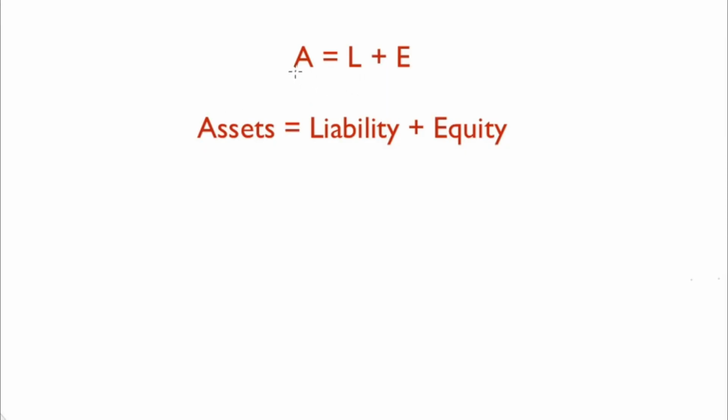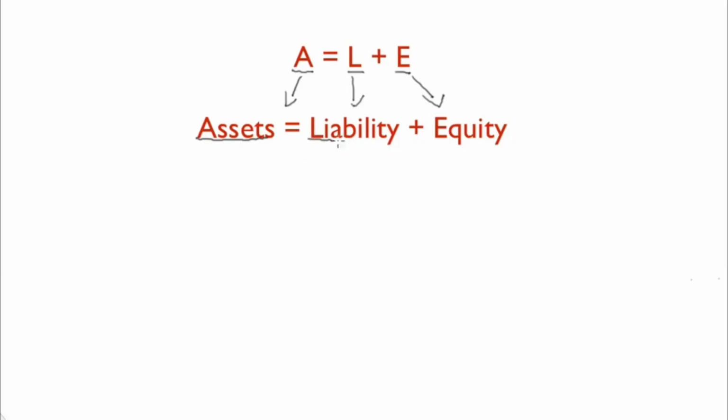As you can see, the accounting equation states that A equals L plus E, where A stands for assets, L stands for liability, and E stands for equity. Now, what is an asset? An asset is a resource at the company's disposal that will produce future benefits for an organization.